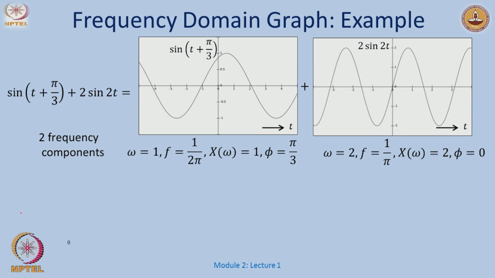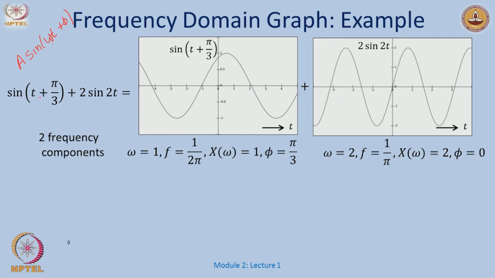Typically, a sinusoidal signal is written as A sin(omega t + phi), with the amplitude, the frequency, and what we also call the phase shift. If you take these two signals, sin(t + pi/3) and 2 sin 2t, they have two frequency components. What do I mean?